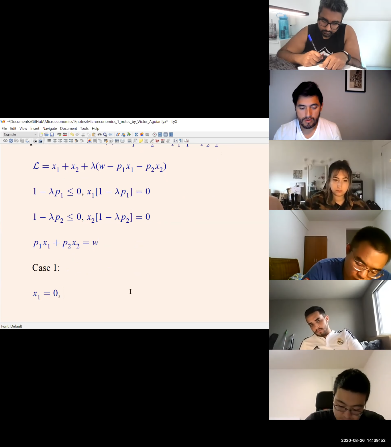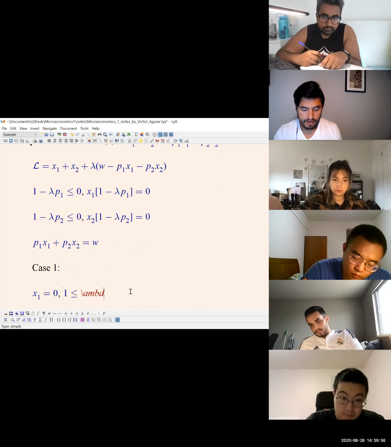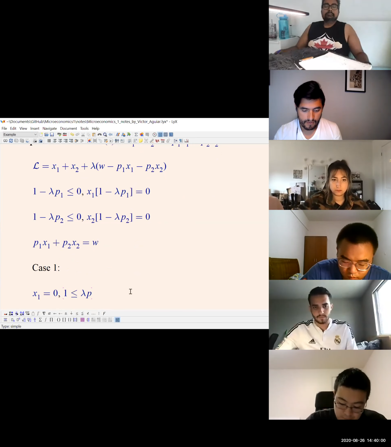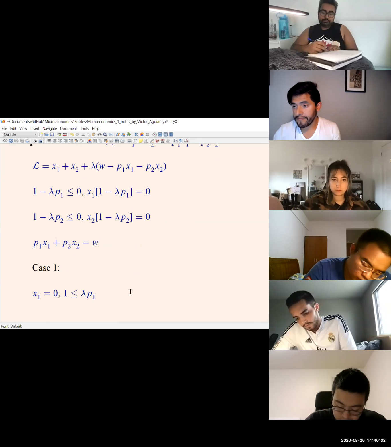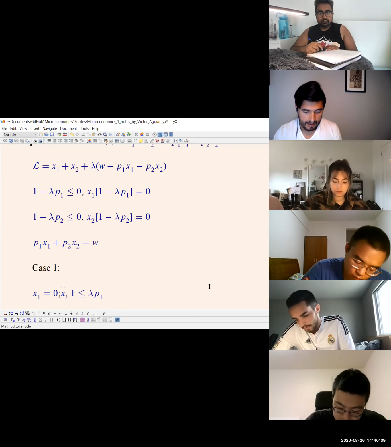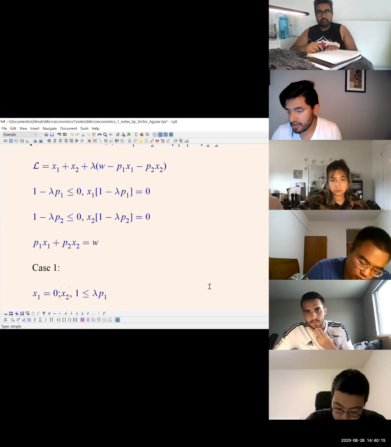If x1 is equal to 0, then this can hold with inequality. Agree? And at the same time, x2 cannot be equal to 0, because it has to be on the budget line by local non-satiation. So that case is ruled out.